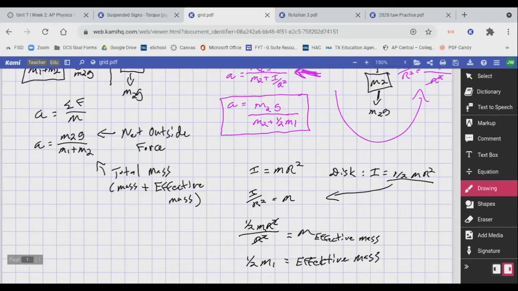So the way that we handle it in rotation is we call it an effective mass. And the way that we're able to calculate it here is the effective mass, the way that it's affecting the acceleration, for this problem, it's 1/2 m1, 1/2 times the mass of 1 plus the mass of 2 is being calculated as the total and effective mass together.